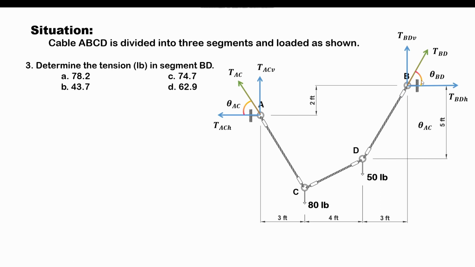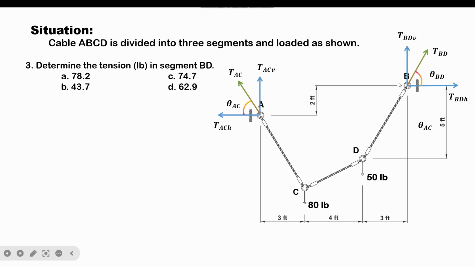You can compute the reaction at B, since, as discussed earlier, the resultant reaction at B is equal to the tension of the segment connected to it, provided that there are no other external loads acting on that joint. But in this video, what I will be presenting to you is the method of joints.